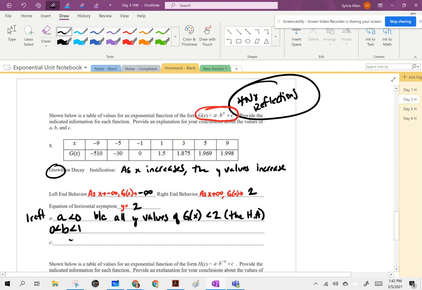Because normally this would be a decay, but because there's one reflection, it makes it a growth. All right, and that is because g of x is growth with one reflection. All right, C is equal to 2 because y equals 2 is the horizontal asymptote.